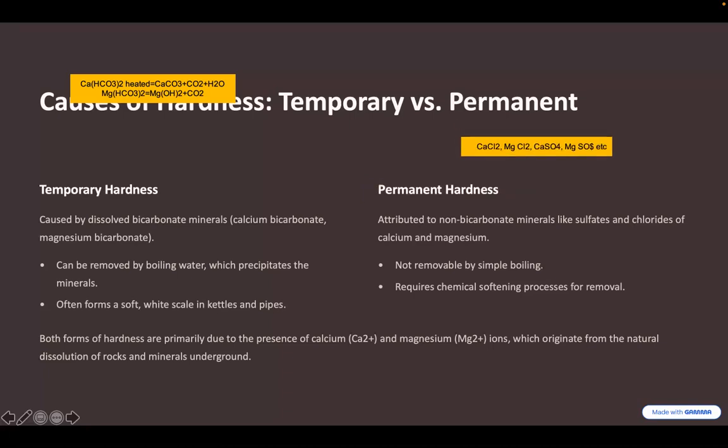These salts, when present in water, cause the permanent hardness. So this permanent hardness cannot be removed by simple boiling. This permanent hardness remains in the water even after boiling, and it requires chemical softening treatments such as lime soda process, zeolite process, ion exchange process, or reverse osmosis process.